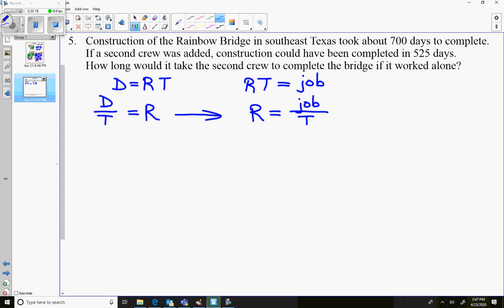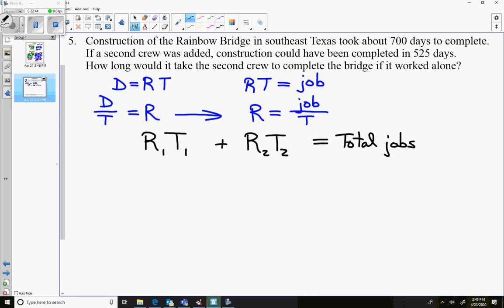In this case, they're two crews working together. That changes things slightly in that we still have rate times time, but it's the first crew's rate times time, plus the second crew's rate times time, which will equal the total number of jobs they get completed. Still that same general idea.